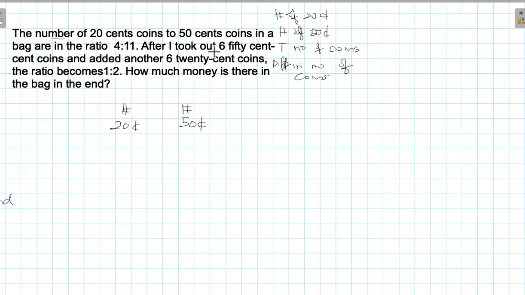This time round, I took out 6 50-cent coins. I took out 6 coins here, and I add in 6 20-cent coins. My ratio in the end is... oh, sorry.